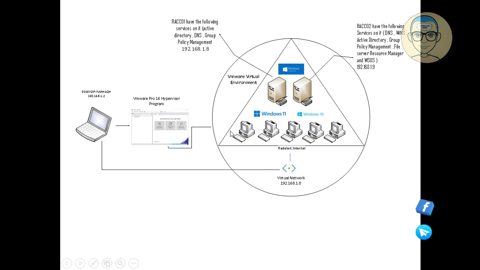So this is an overview of our lab. This is the domain, these are the workstations and servers, the operating system on each workstation and server, and the virtual network range for this whole lab. And by the way, my laptop will be the gateway that will get us to the internet. So all of these virtual machines will have their gateway as 192.168.1.2.